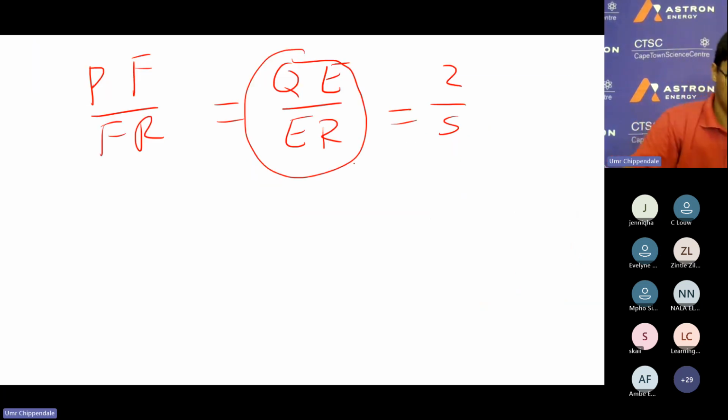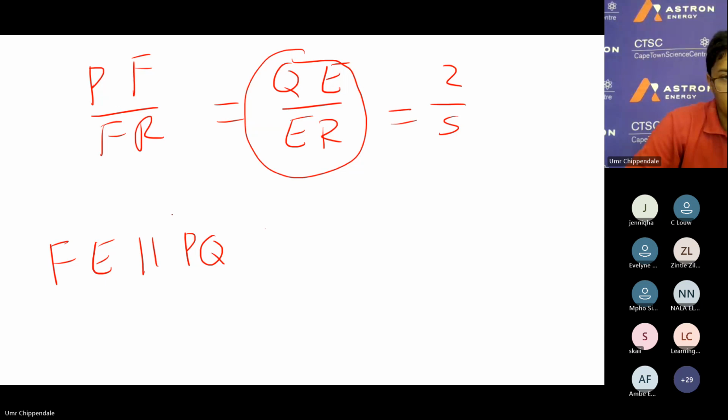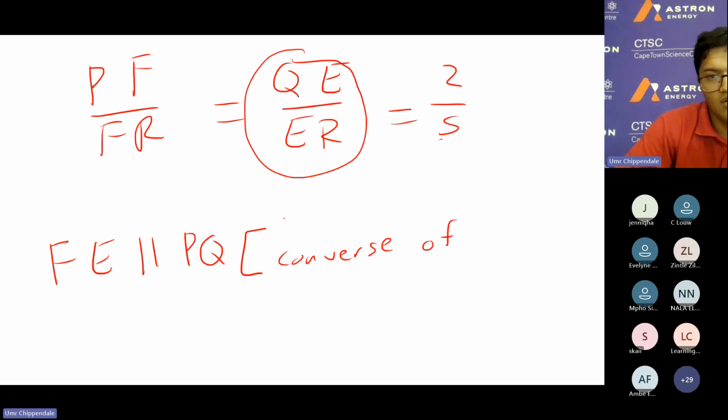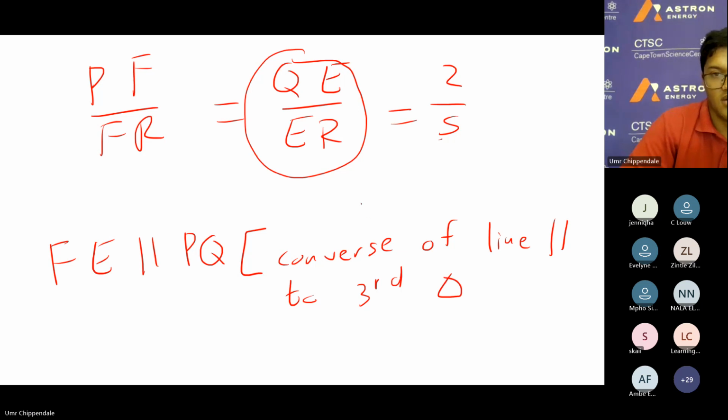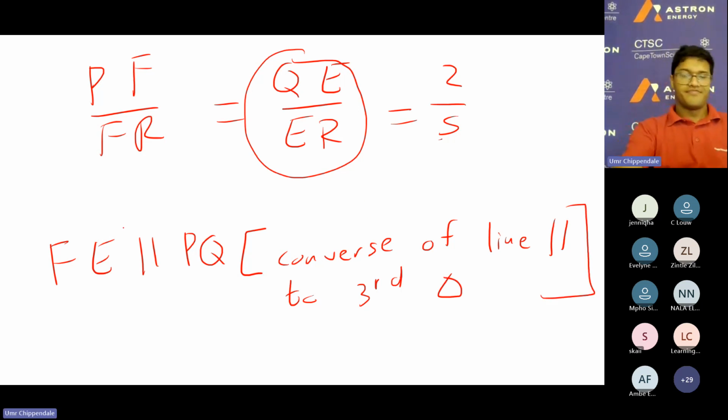Another way you could say it is that FE is parallel to PQ, why? Actually, the converse of the line that is parallel to the third line in the triangle. There we go. And that was 9.2.2.